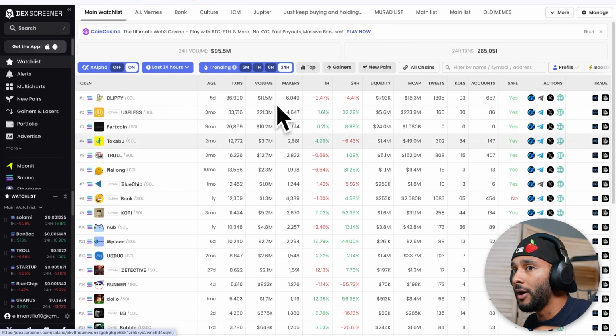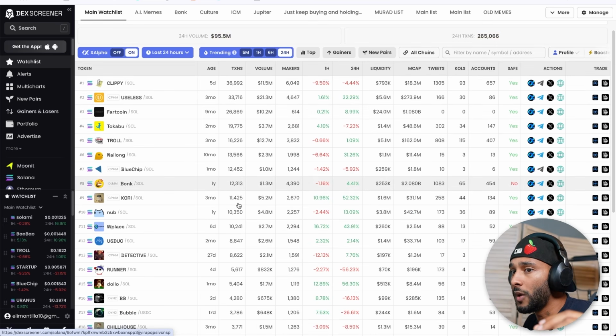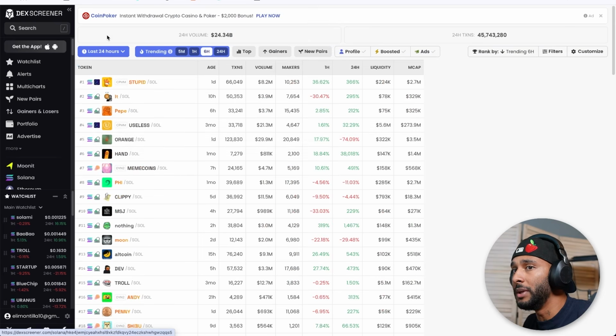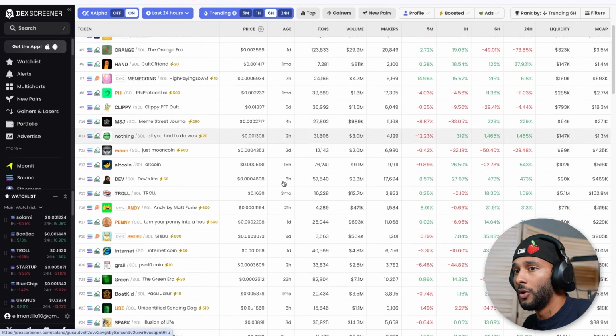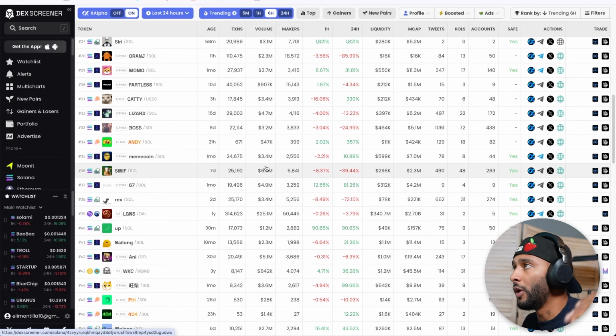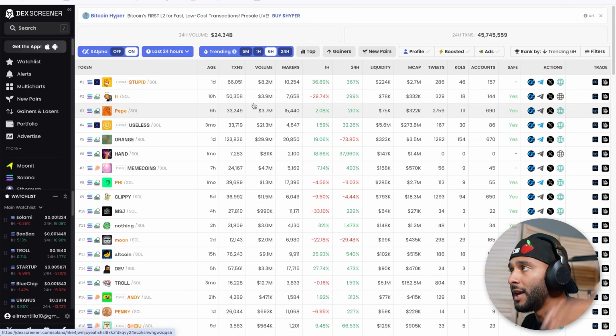So I do that on DexScreener. I keep a nice watch list. All these coins are coins that I've had strong convictions in for a while, but even just on the DexScreener main page, for the most part, when I'm just analyzing what's going on, no filters, just going through, seeing what's running, keep it on a watch list, and then I start running technical analysis, top-down analysis on it.